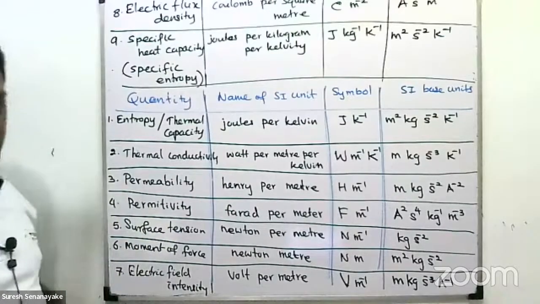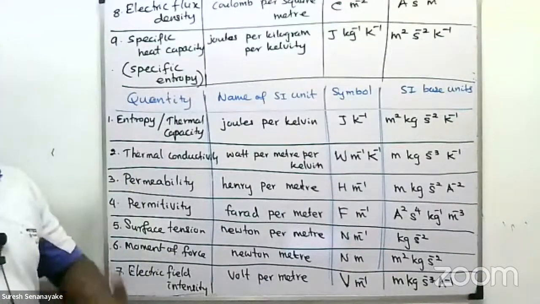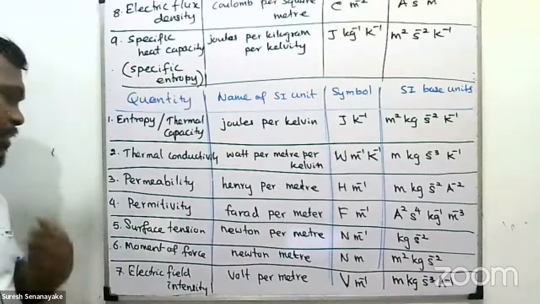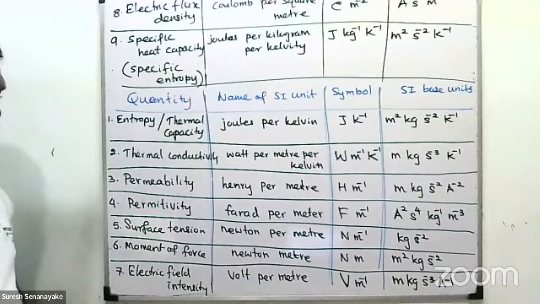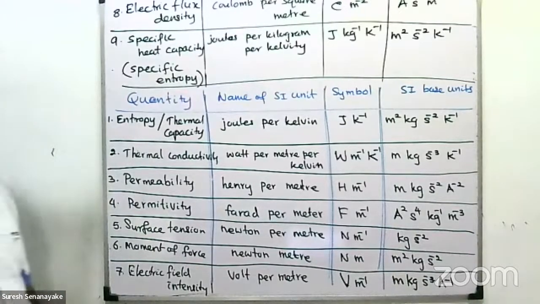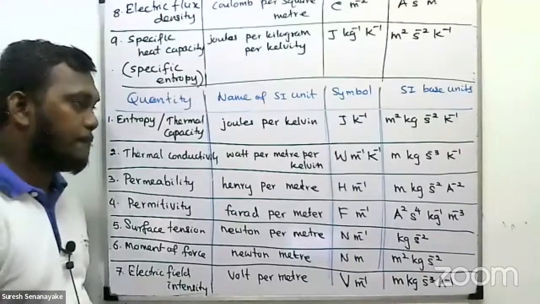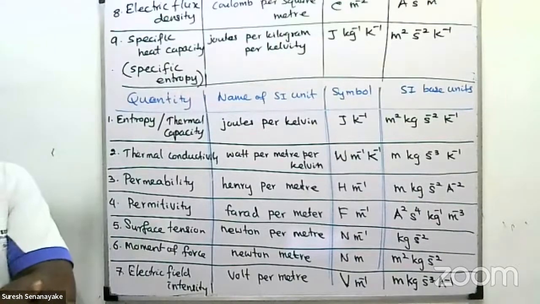In the magnetic field lesson, we use permeability, magnetic flux density, and magnetic flux. Volts and currents we use in the electricity lesson, and in the mechanics lesson we discussed those initially.